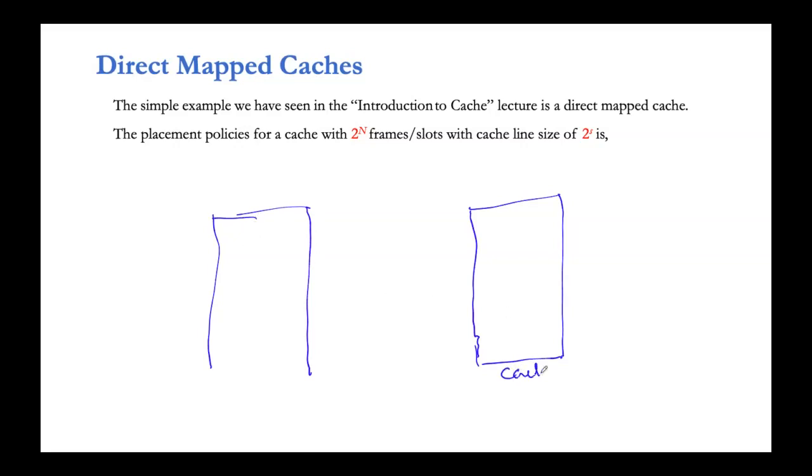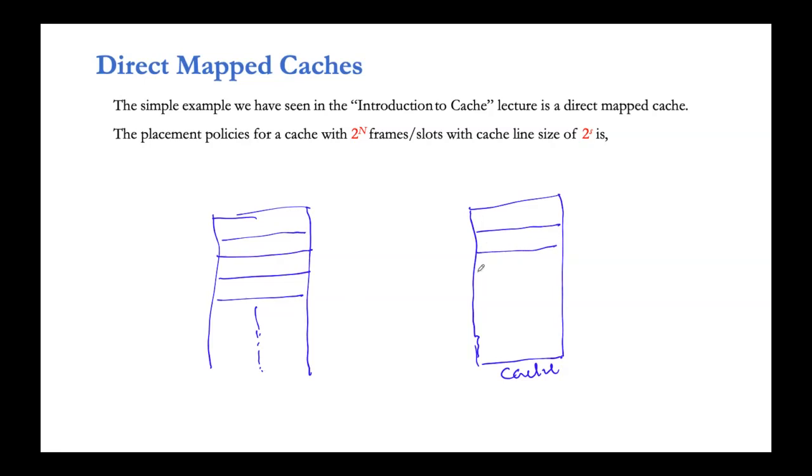So this is your cache, and this one is your main memory. In the main memory, you will have the cache lines or blocks.